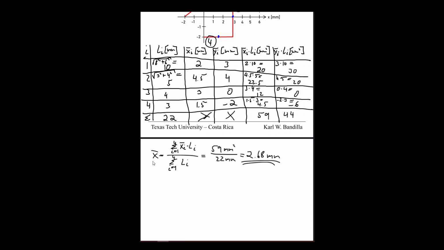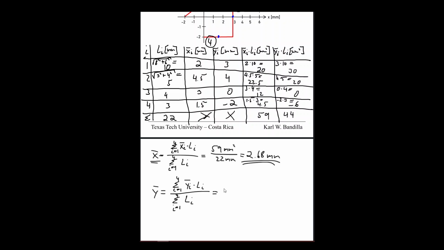That is my x bar, and then my y bar is going to be the sum of i equal 1 through 4 of y bar i times Li divided by the sum of i equal 1 to 4 of Li.